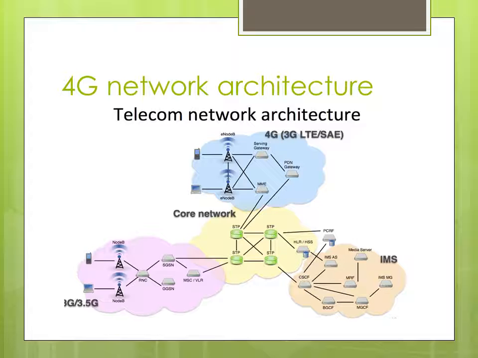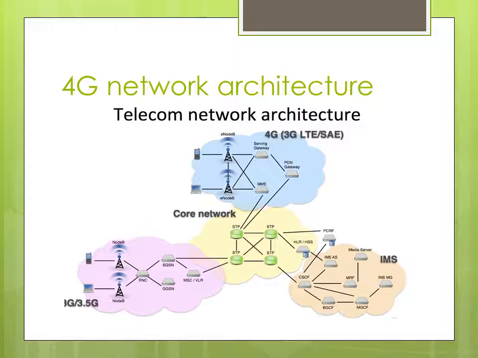The access network is the main interface between the mobile network and the end user. So the first point communicating with the mobile device is the access network. Then the access network interfaces with the core network of the mobile.